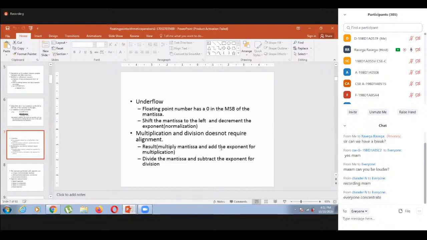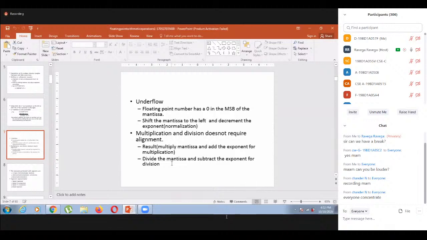Next, coming to multiplication and division. The multiplication and division operations do not require the alignment of the mantissa values. In addition and subtraction, you perform the alignment of the exponent values, but for multiplication and division, the alignment of the mantissa is not necessary.